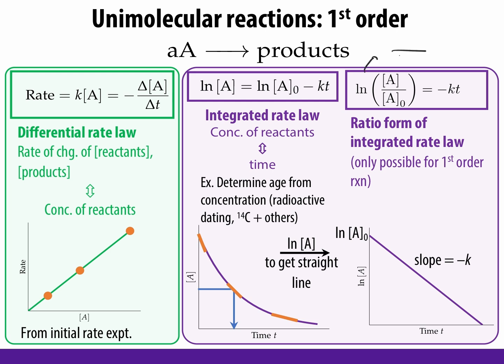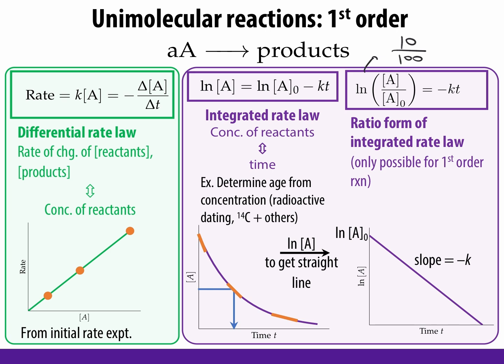If I just set my A naught to 100%, and let's say A then is like 10% remaining, even if I don't know the actual units of the concentration, if I know that I started with 100% and I ended with 10%, I can use this integrated rate law to figure out how much time that takes or to figure out what my rate constant is. Very, very powerful for things like radioactive carbon dating, where we might not know the initial concentration, but we just know we have 10% of the carbon-14 left.